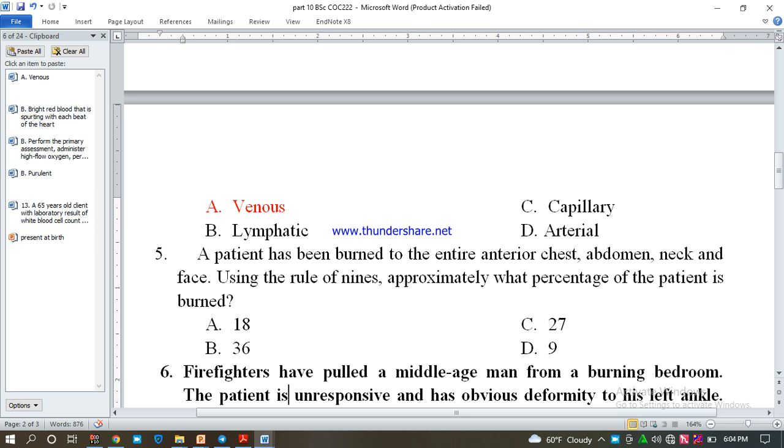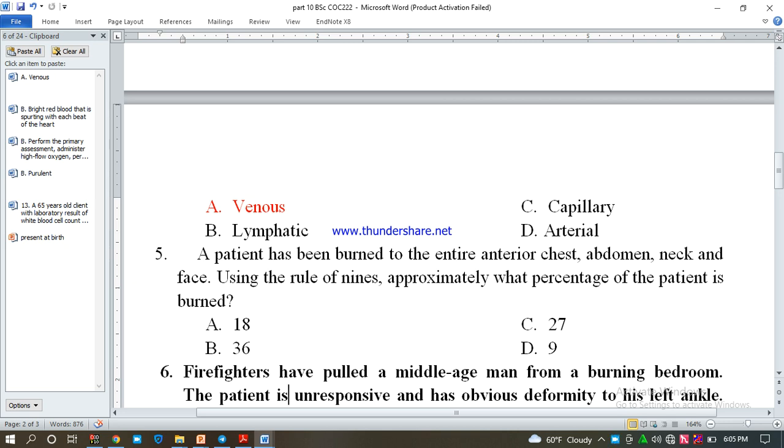Right arm and left arm are 9% each. Each leg with thigh and foot is 18%, genitalia 1%. Finally the total body surface area is 100%.